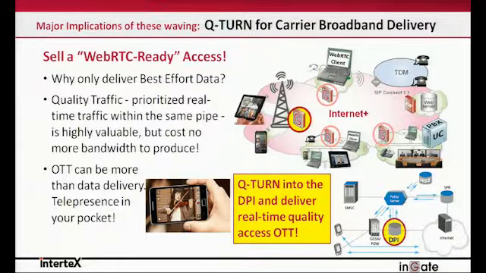And the place to put that in is really something called DPI, Deep Packet Inspection. Okay, I'm running down quite nicely. In the mobile world it's extremely complicated, but if you put Qturn in there, you have the possibility to deliver real-time data and best effort data.